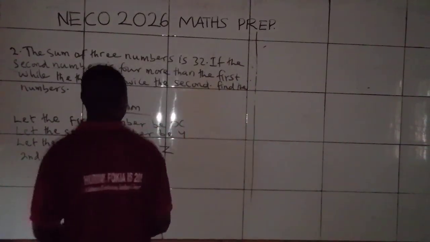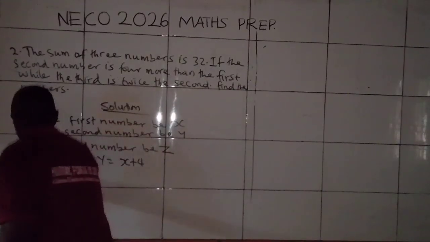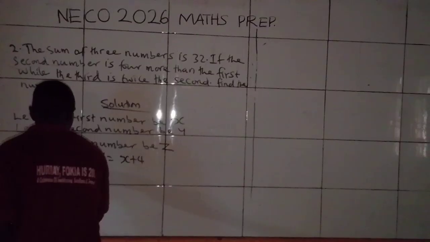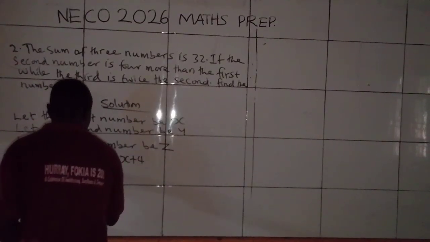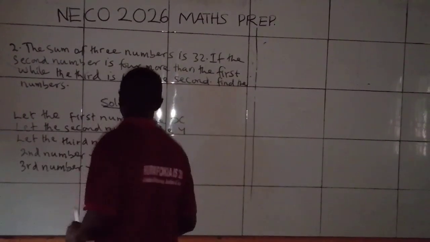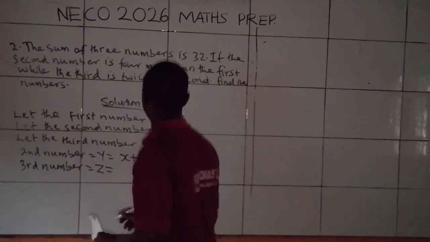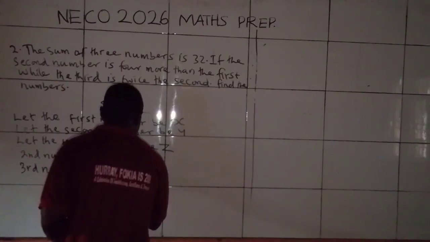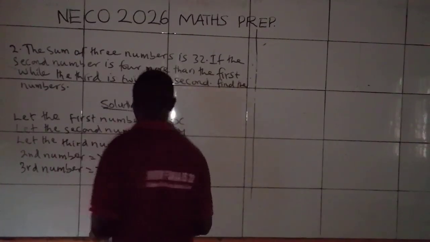Then the third number is equals to z, which is equals to, that is twice the second, which is 2 into x plus 4.